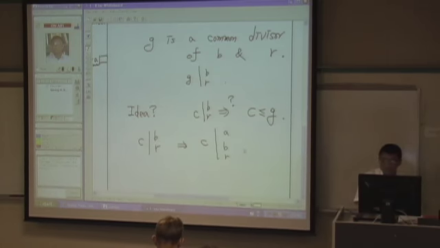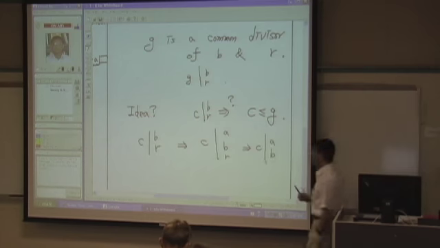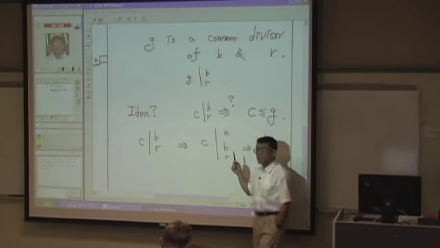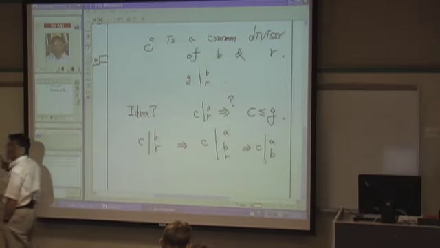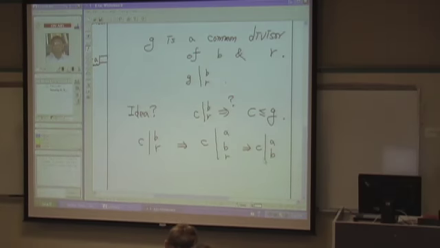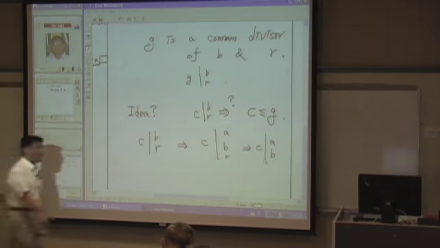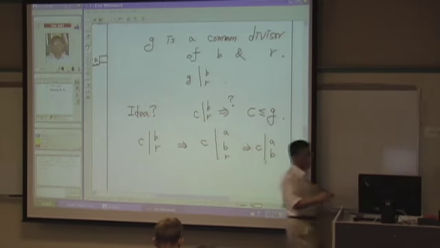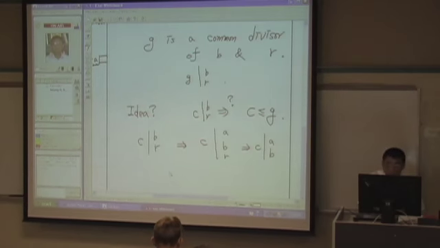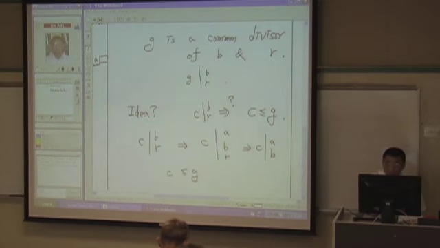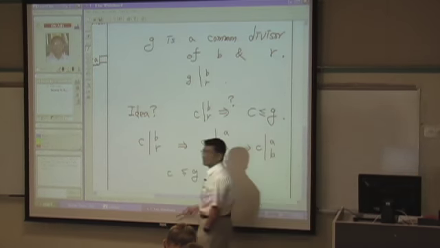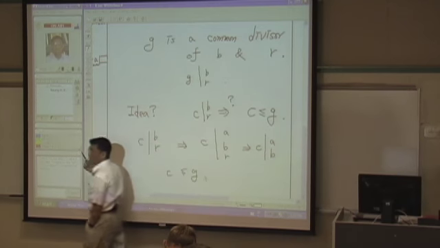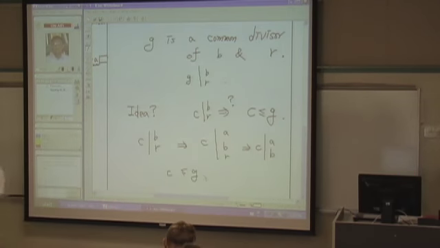Then this means C is a divisor of A and B. So in other words, C is a common divisor of A and B. But what is the greatest common divisor of A and B? By definition, G. So C is a common divisor of A and B, but by definition, G is the greatest, so C cannot exceed G. Done, right? So the only thing remaining is just filling the gaps, right?